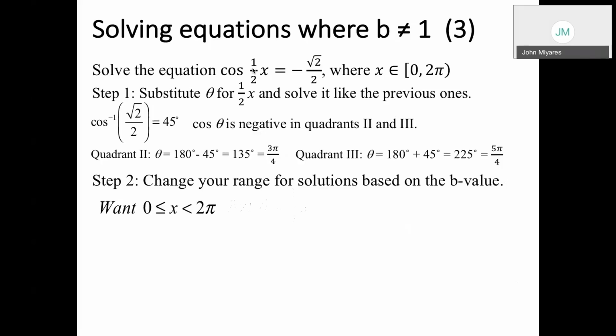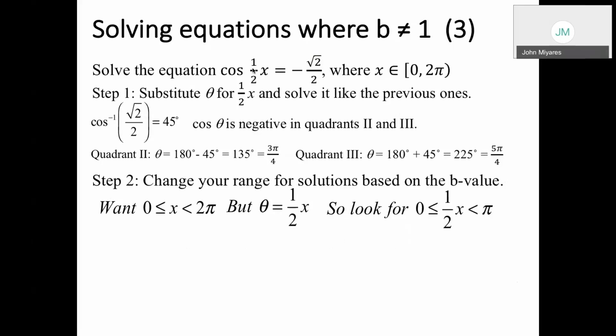But theta is defined as being equal to a half an x. That means I want to look only for angles between 0 and pi, because in order to solve for x, we're going to have to double our answers.